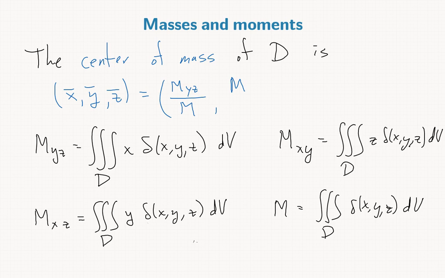So y bar is the moment with respect to the xz plane divided by the mass, and z bar is the moment with respect to the xy plane divided by the mass.